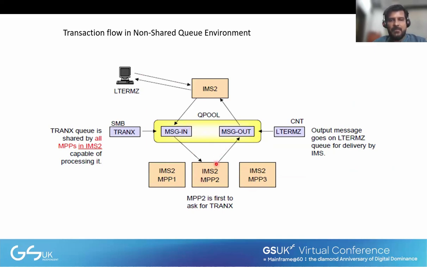After processing, IMS will put the response back into the queue buffer. From there, IMS will send the reply back to the terminal LTMZ. Here, MPR region MPP2 was available, so it processed the message. In a standalone IMS system, it's the user's responsibility to manage the number of available dependent regions. So when message traffic increases, the user can increase the dependent regions to manage the traffic.